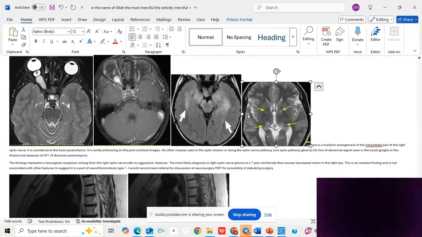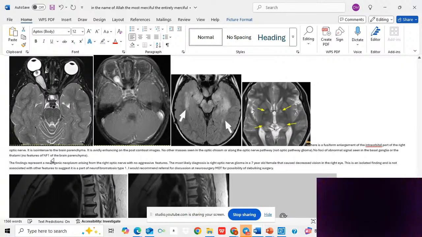So you need to comment that there is no focal abnormal signal at the level of the basal ganglia or the thalami. So there are no features of NF1 of the brain parenchyma.